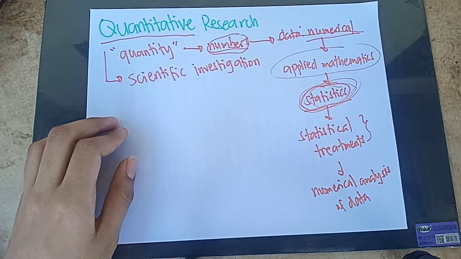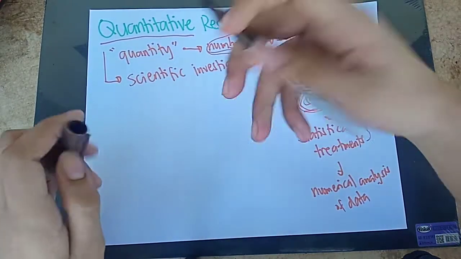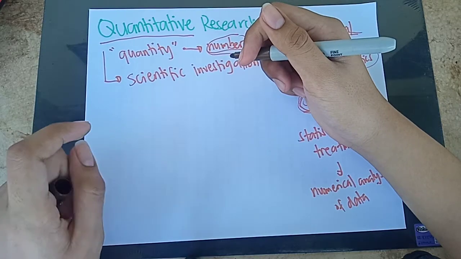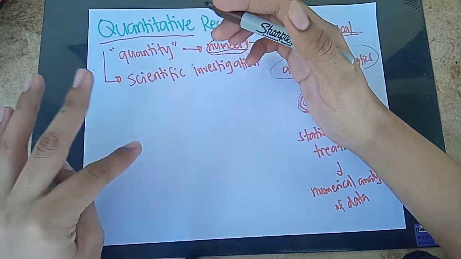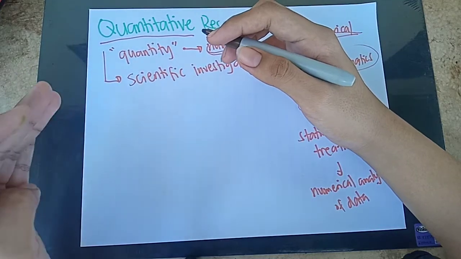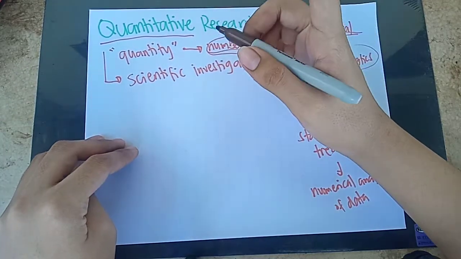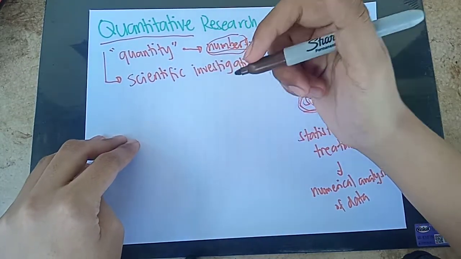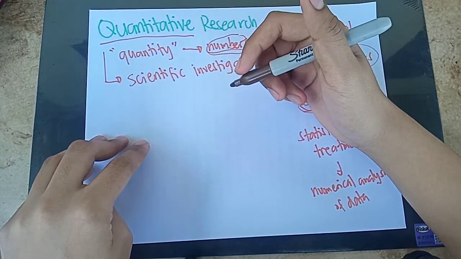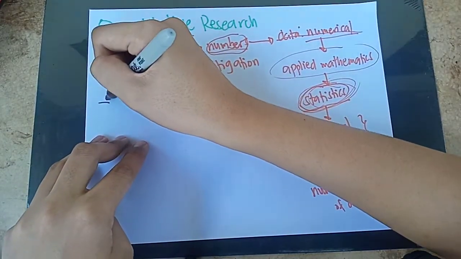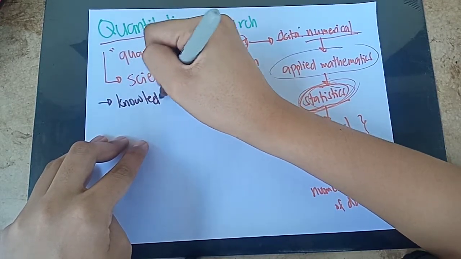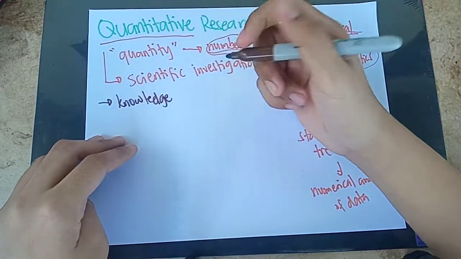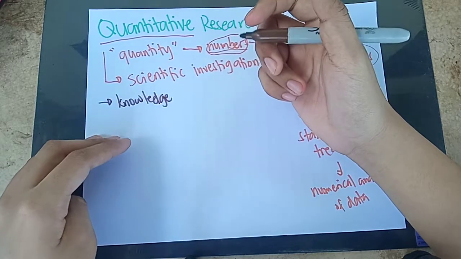Next, to define quantitative research, we can infer that quantitative research uses different knowledges. It uses knowledge, just like other types of researches, to identify problems and information.